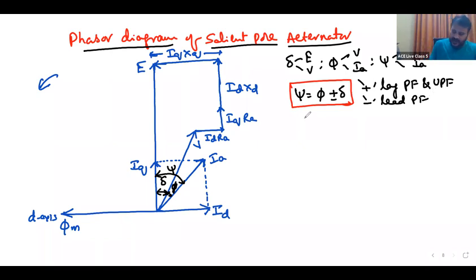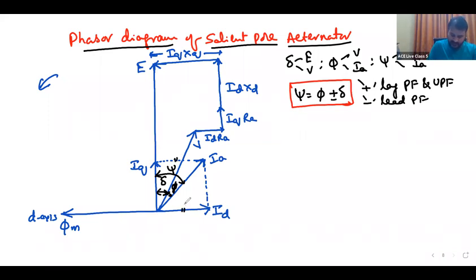Can you tell me what ID is? ID is equal to IA sin psi. IQ is equal to IA cos psi. IQ is the adjacent component, ID is the opposite component.